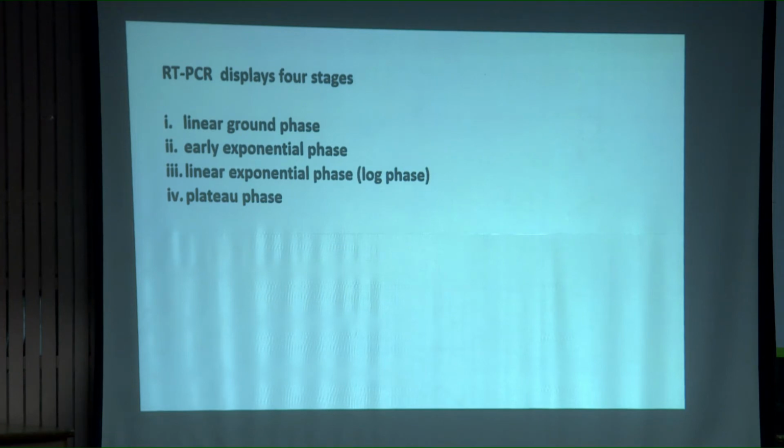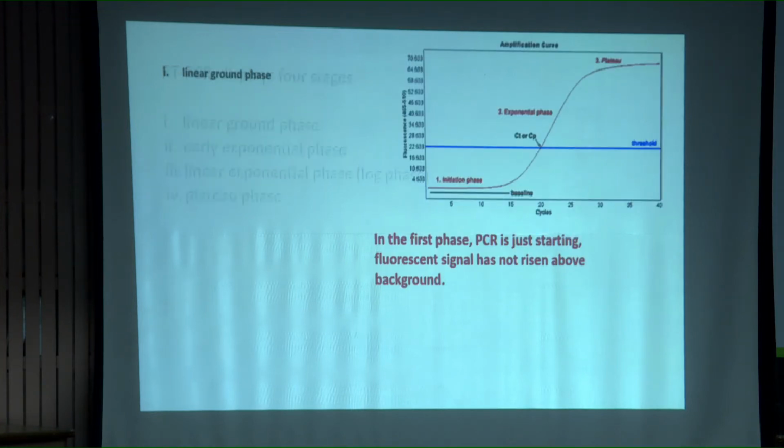It's really exponential, right? 2 power 18, 2 power 19. Just imagine, it's double. It's really exponential phase, right? And of course, resources are limited. Everything got depleted. Energy spent, now it becomes plateau. Right? These 4 phases. Let's see each and every phase, what's happening.